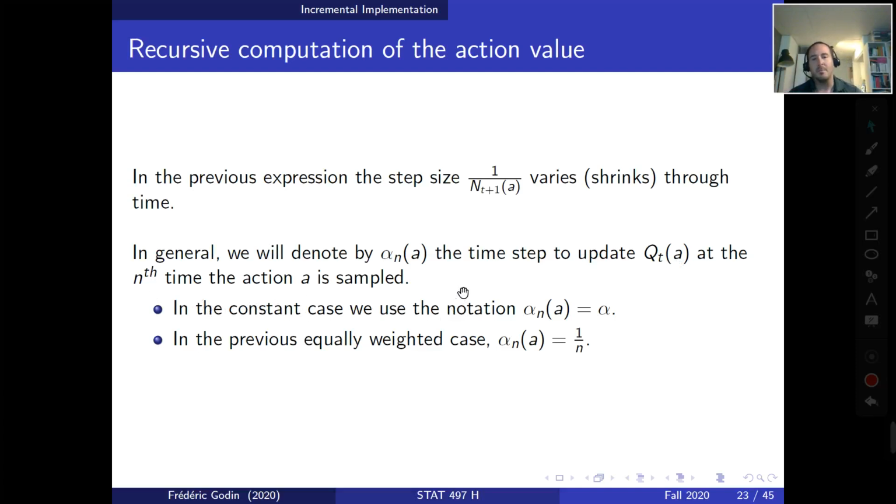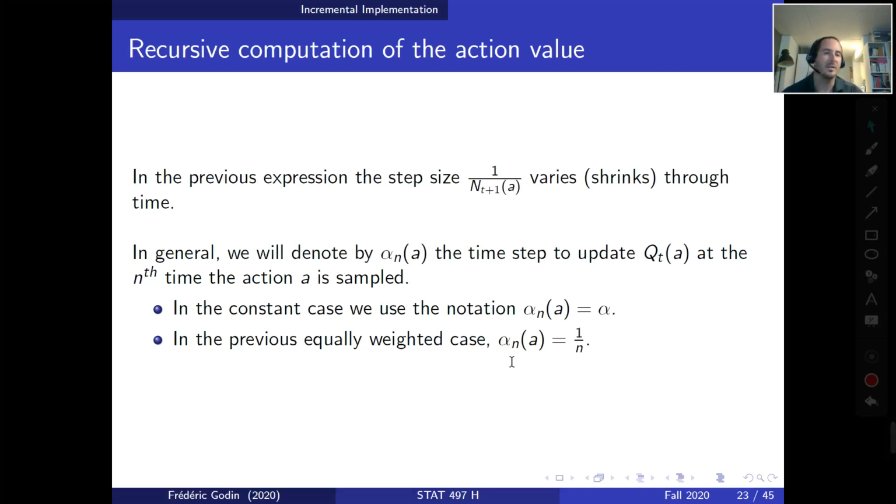So in the previous algorithm, that step size had the form 1 over n. The previous algorithm we've outlined is the second case here. When we weight all rewards equally to form our estimate of the expected reward, then this entails using a step size of 1 over n. So the nth time we obtain a new reward, our step size is 1 over n in the formula.